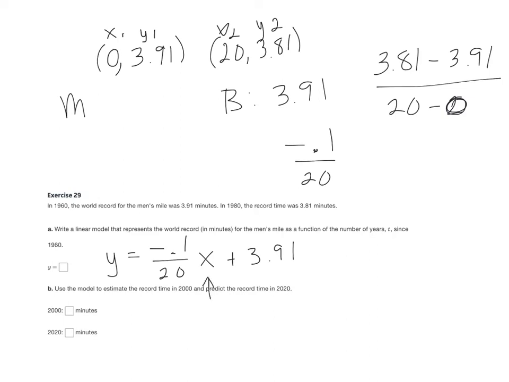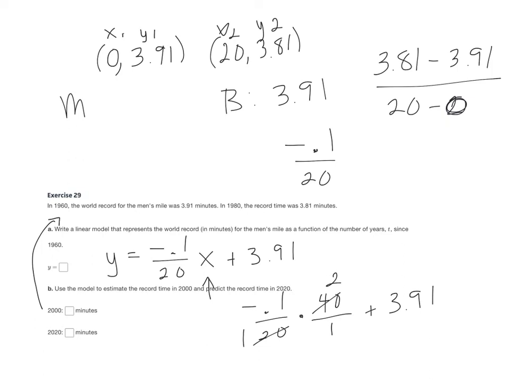Now what we're going to do is use the model to estimate the record time in 2000. So we're going to be plugging in a value for x. And so our value for x is going to be the year from 1960 to 2000. 1960 to 2000 is going to be 40, right? So I'm going to go -0.1 over 20. I'm going to multiply that by 40. And then I'm going to add 3.91. So this is going to cancel, right?